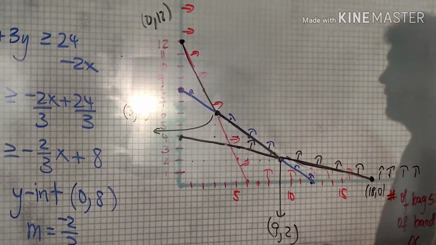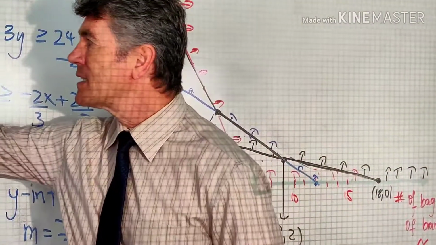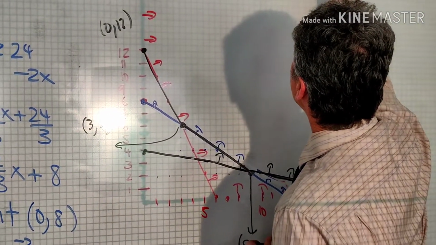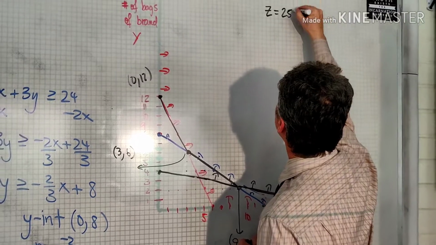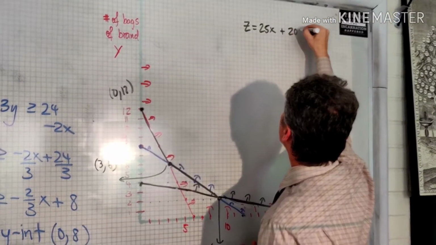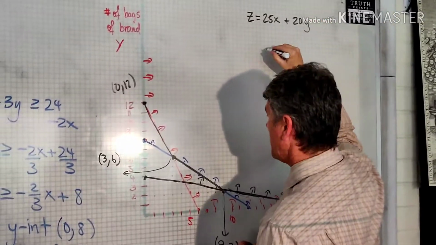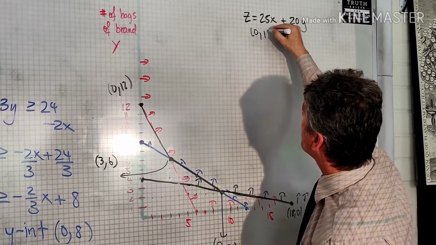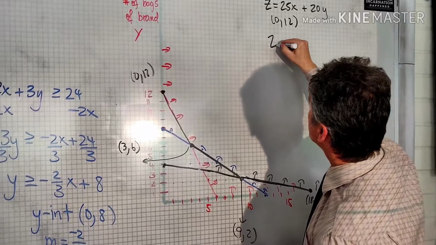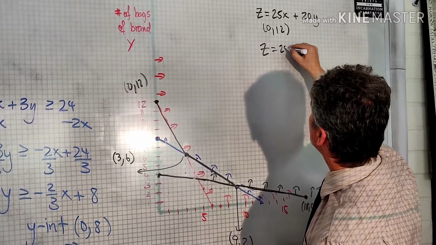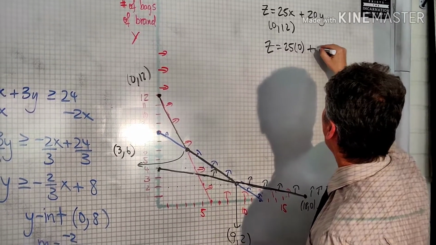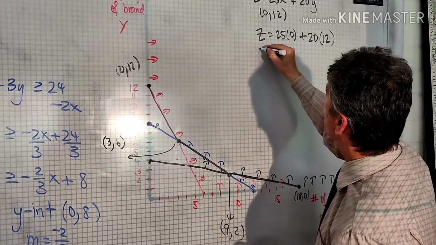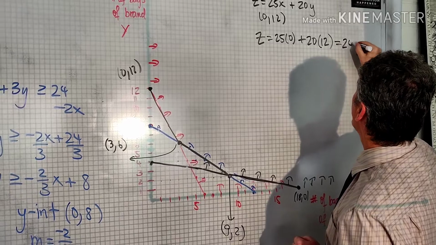Our objective is to minimize the cost, so we have z equal to 25x plus 20y. Let's start with the first point, (0, 12). z is equal to 25 times 0 plus 20 times 12, which is 240.